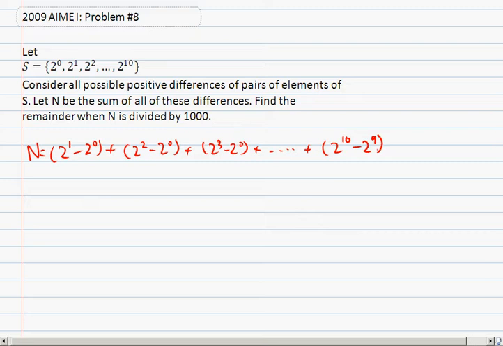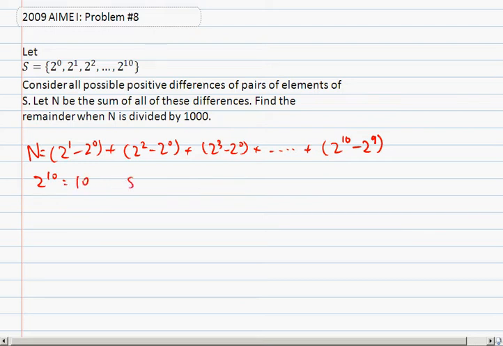So, looking at the total number of times that each of the elements of S appears in this sum, we can see here that 2 to the 10th appears 10 times.